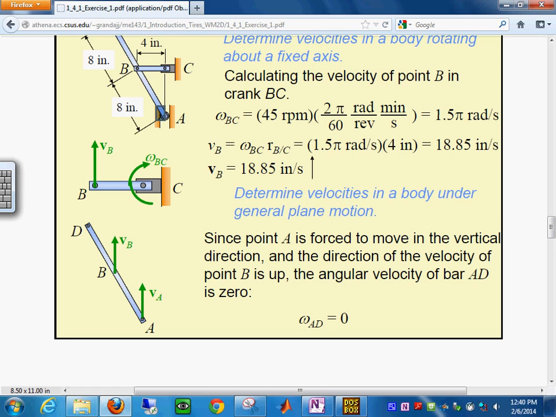Okay. So we do the diagram for each one of the bars. This is the one for the horizontal bar. The velocity of this point is 0, but this is rotation about the fixed point. So we start right in that position. And then here you have the velocity of A, and the velocity of B is constrained.